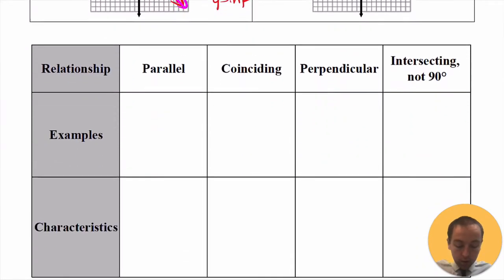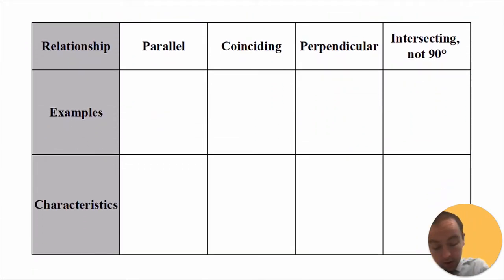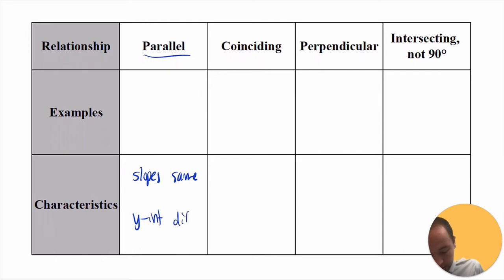So a lot of what I just summarized can be copied down into this table for the most part. So you'll see that for parallel lines, you need to have the slopes be the same, but then have the y-intercepts be different. Whereas for coinciding lines, lines that are the same line as each other, of course the slopes are going to be the same as one another, as well as the y-intercepts.